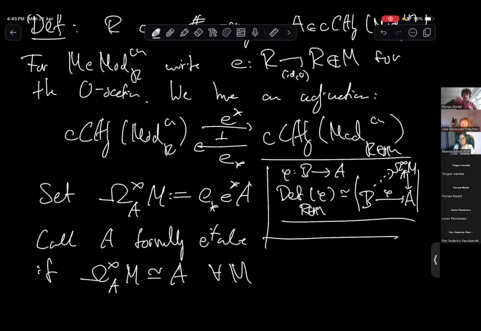Just because it's equivalent to this lifting property in the category of coalgebras, but then this map, if it's just an equivalence, of course lifts are unique. There's nothing you can do.